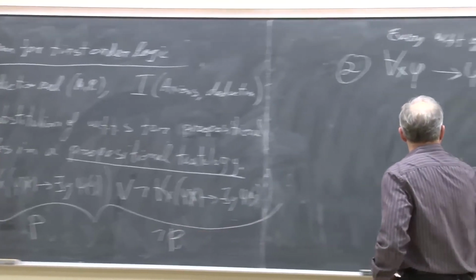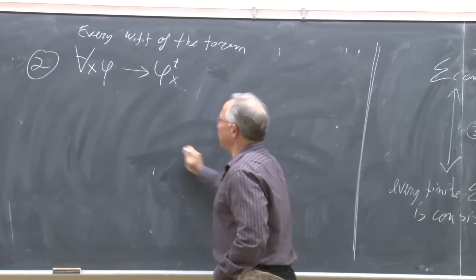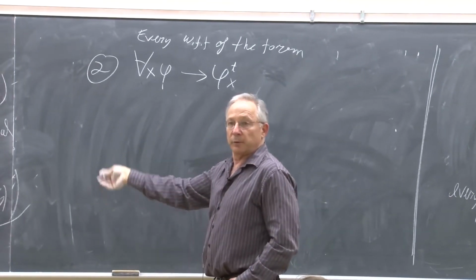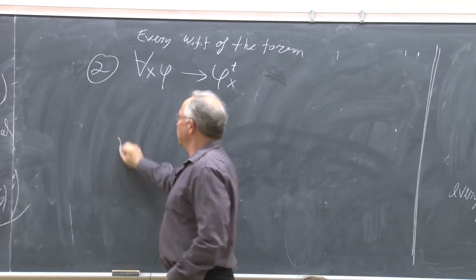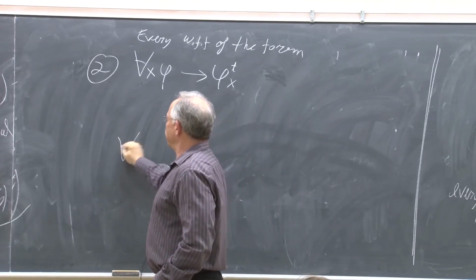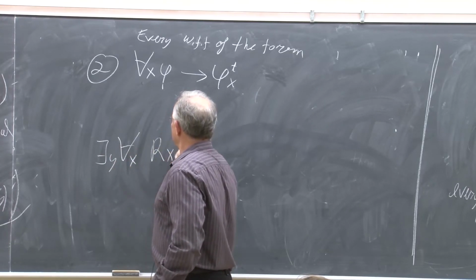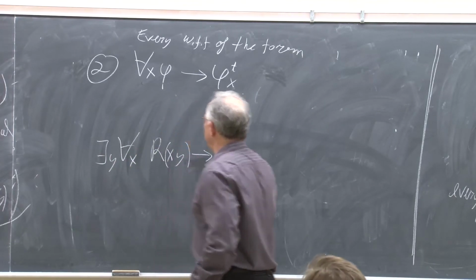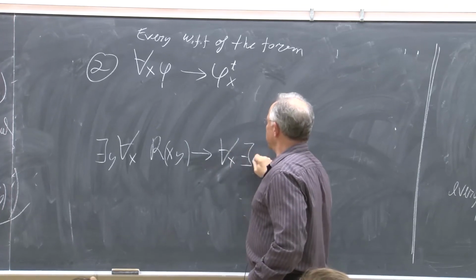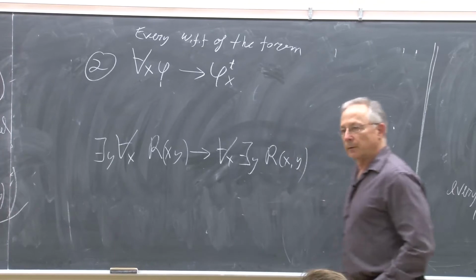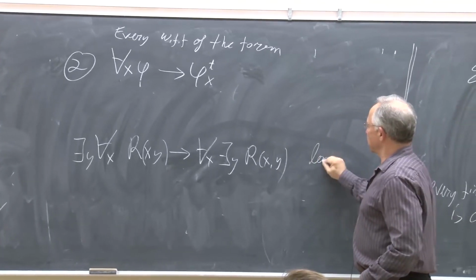So for example, look at the formula that we showed is true: if there exists a y such that for every x R(x,y), then for every x there exists a y such that R(x,y). We know that this is a logical truth.